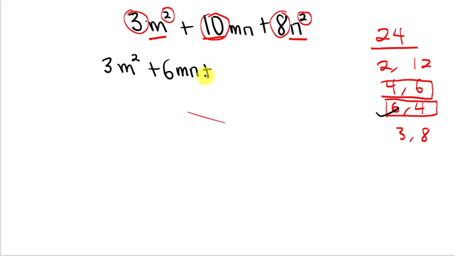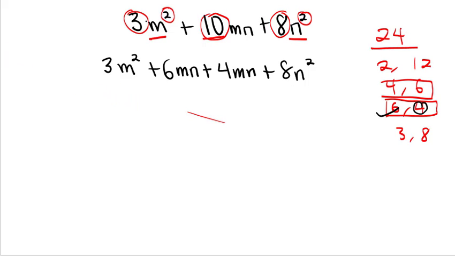The reason why we are bringing plus is that the number is positive. So plus 6mn. Then we use this 4 again, so plus 4mn plus the last term there, that is the 8n squared.